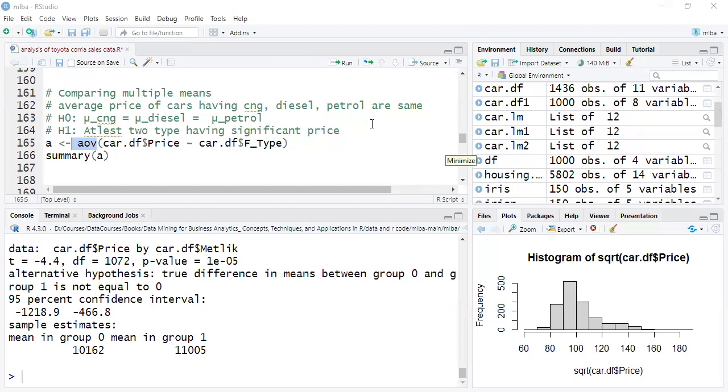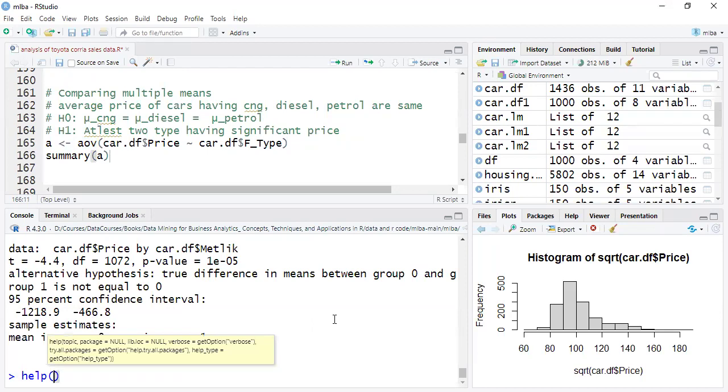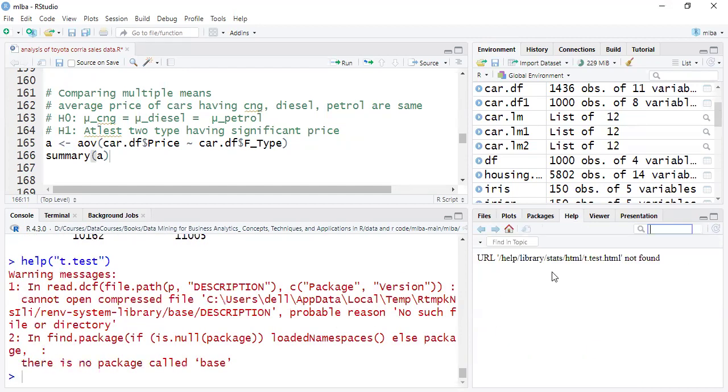One student, Farhan Ali, is asking about changing the confidence interval level. Yes, Farhan, we can change the confidence level by putting some more options in that. I'm mentioning here the help of the t.test command. At the bottom of the screen, you can see help t.test. So what are the options?